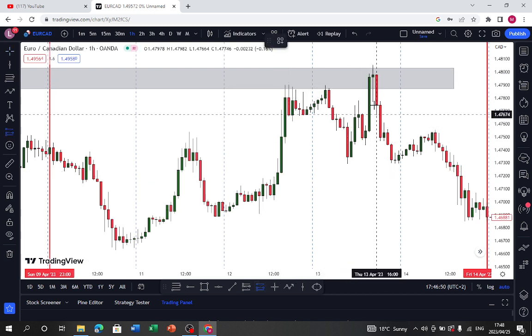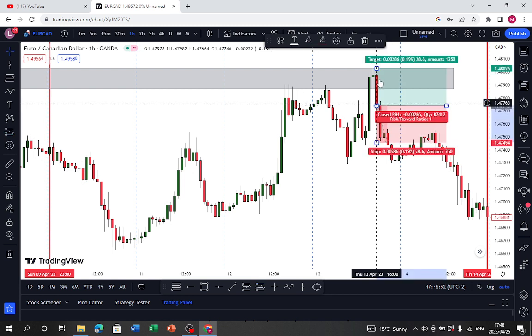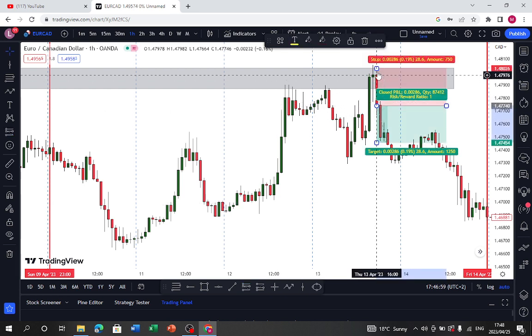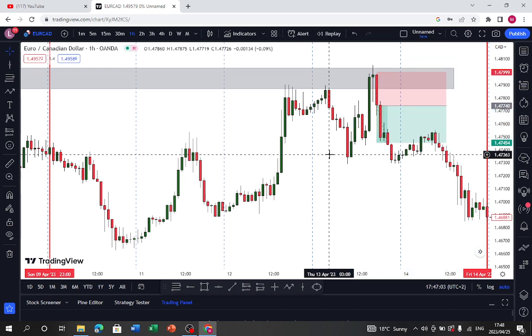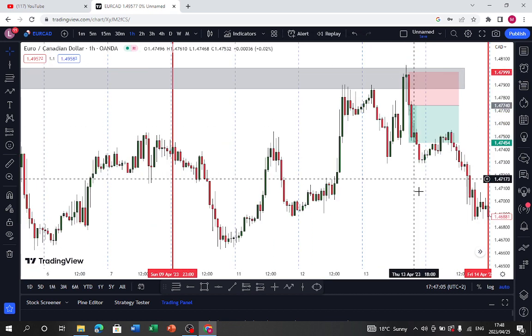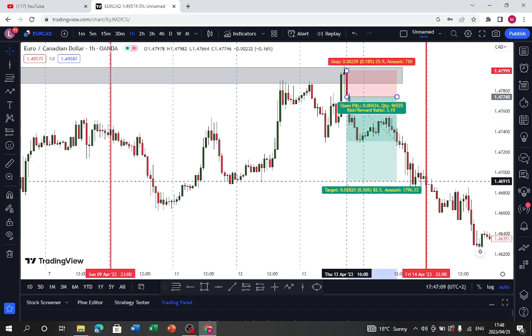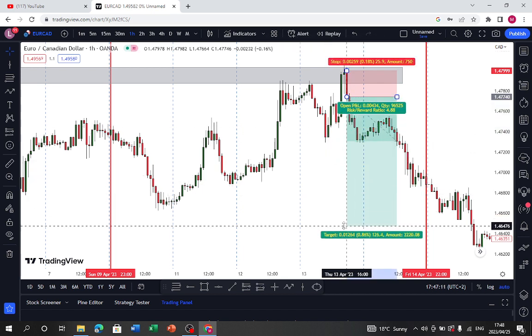So you're going to take this, then you're going to take your entry depending on where you're going to set your target. You set your target according to how you have tested this, right? In this video I'm only talking about candlestick formation. So let's say you place this maybe below this retracement.